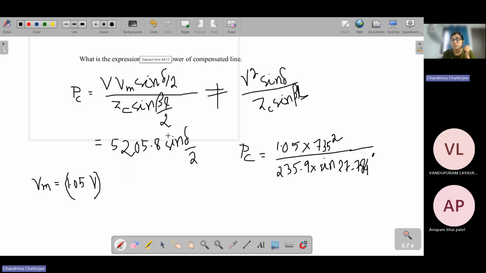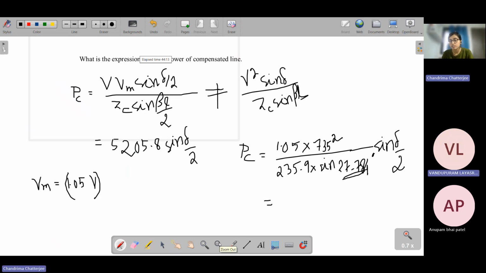So the beta L by 2 angle, did you get this one or something else? I got 27.51, ma'am. 27.5. Okay, let's take this and see. 1.05 times 735 square by 235.9 into sin 27.5, you told, right? Yes, ma'am. Okay, this is 5207.